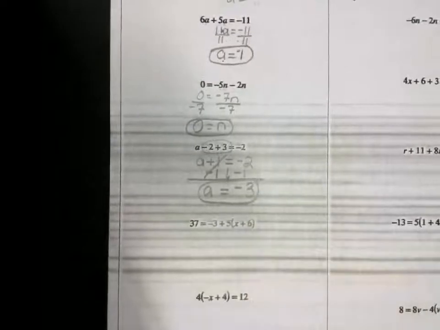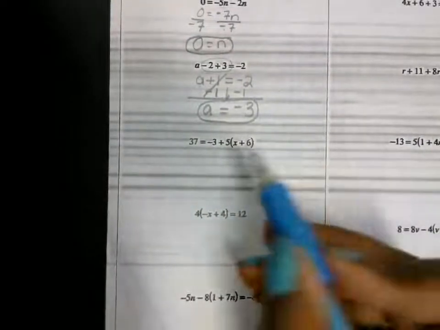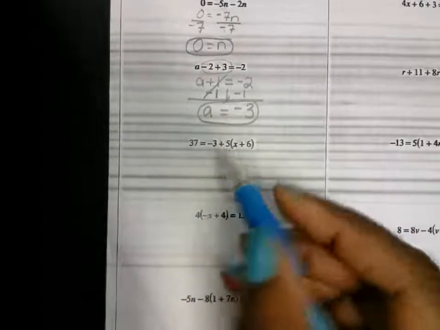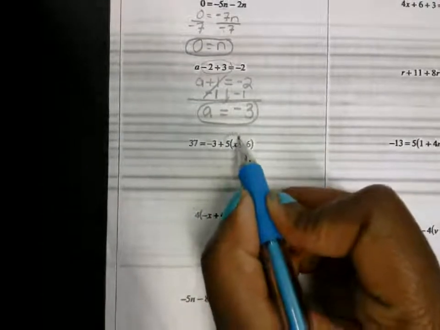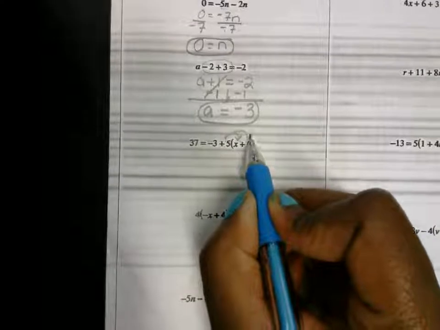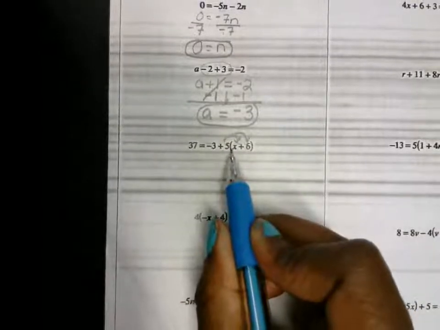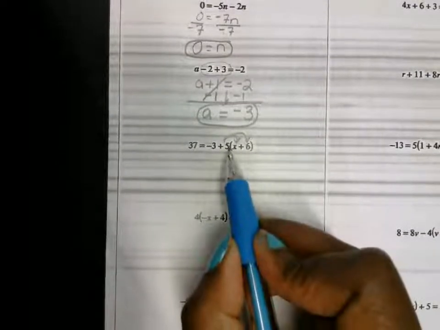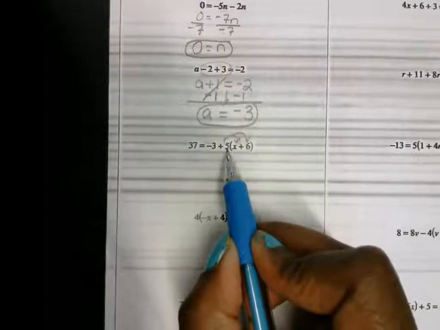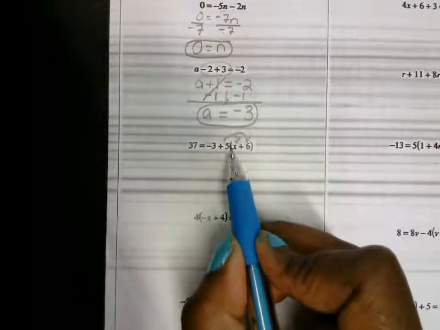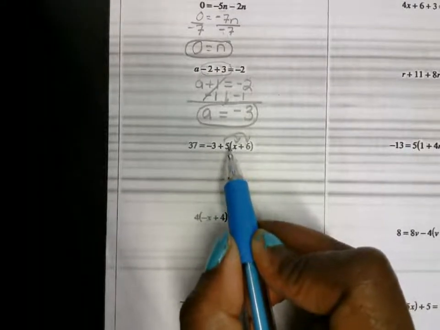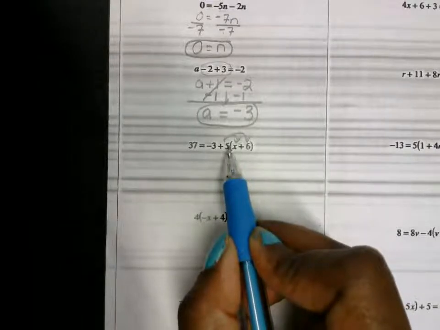Okay. All right, the next one. Here you have to perform distributive property first, okay? So you're going to multiply 5 times all the terms in the parentheses. The operation between a number or a variable and a parentheses, if you don't see anything in the middle between that, it's automatically multiplication.